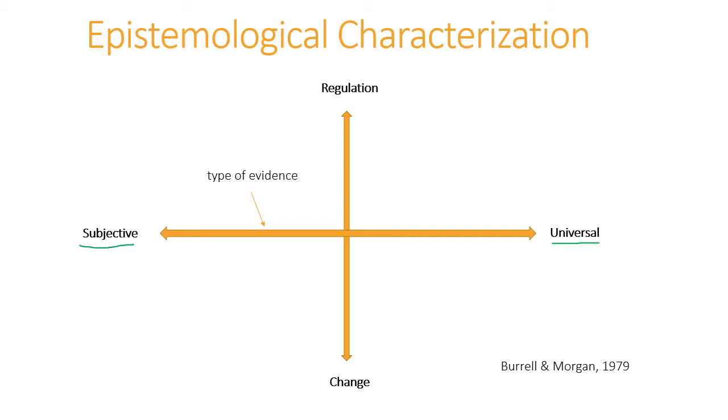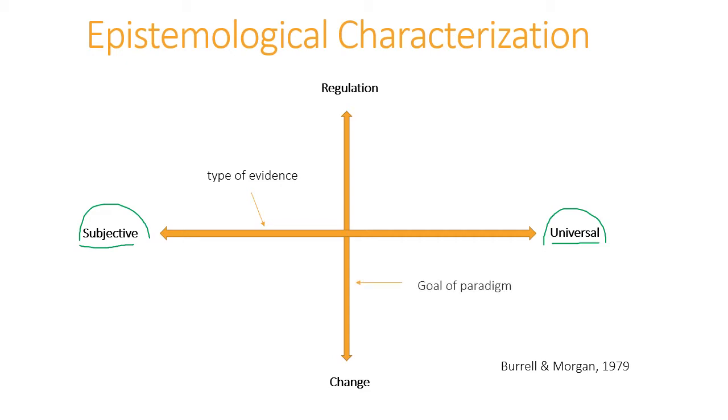Are we trying to figure out what gravity is like, what drives it, what causes it? Or are we talking about what it's like to fall, right? What is the subjective experience here? But that's the first axis. So the paradigms differ in terms of what kind of evidence, what kind of truth they're trying to generalize.